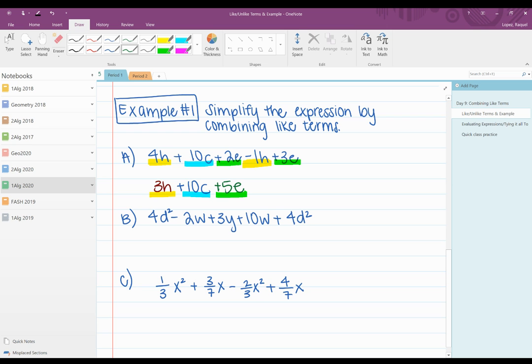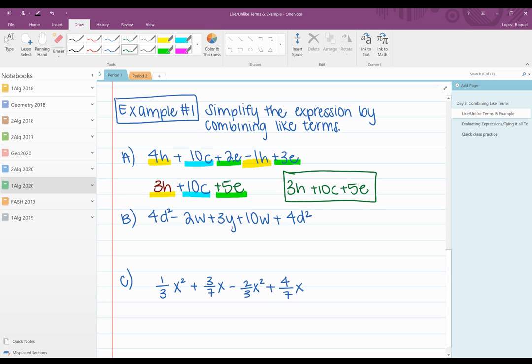So I'm going to write plus 5e. That's as simplified as I can get because 3h, 10c, and 5e are not like terms. So if I'm trying to simplify the expression, my final answer is 3h plus 10c plus 5e. And I've simplified that expression.